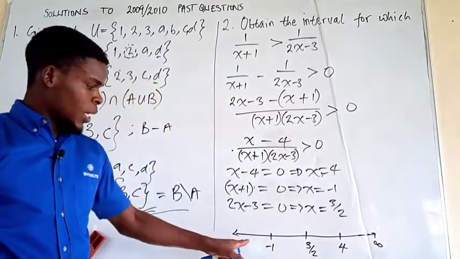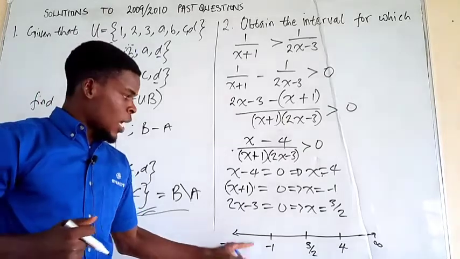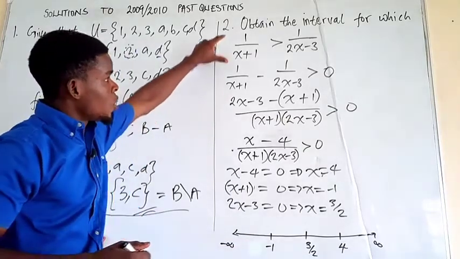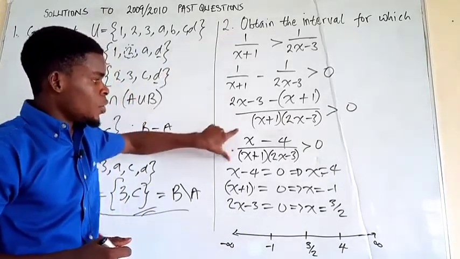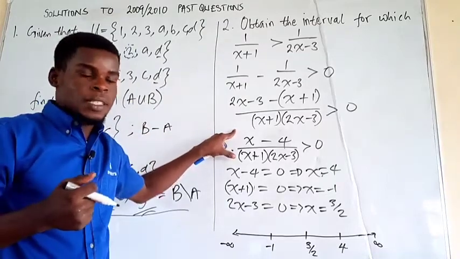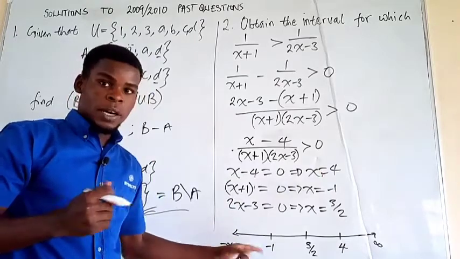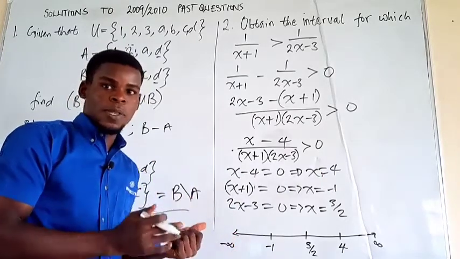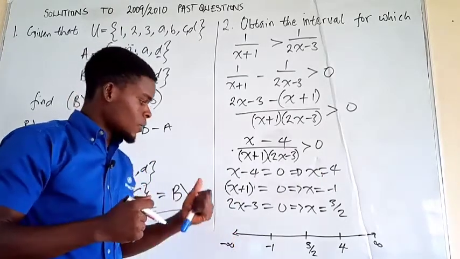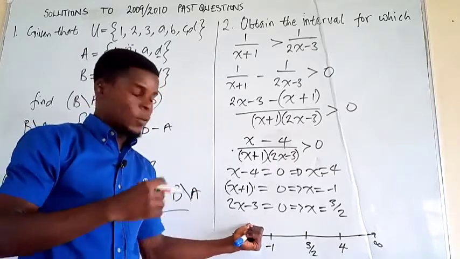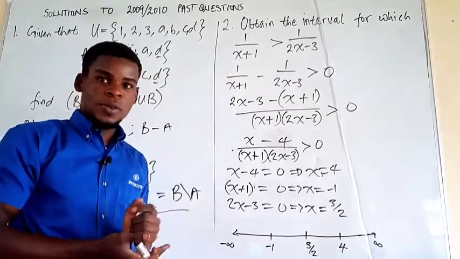If we pick any number from an interval and put it back into the original inequality, and it satisfies the inequality, that means the interval in which the number was picked is one of the intervals that will make the inequality satisfied.